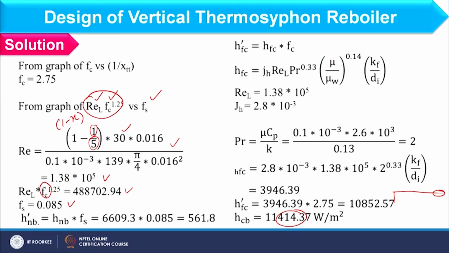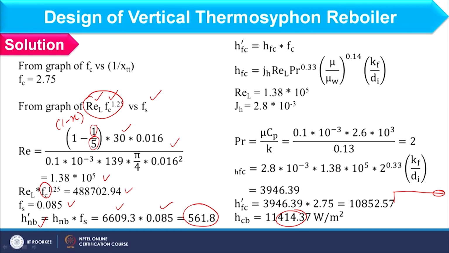So, we can find out the revised value of HNB, which is HNB prime, and the value you can obtain as 561.8, multiplying HNB with Fs, right.